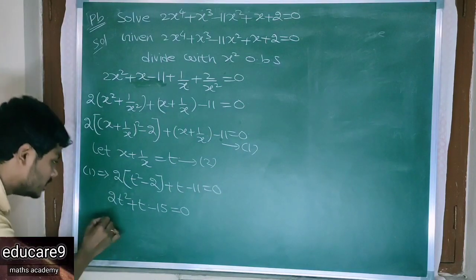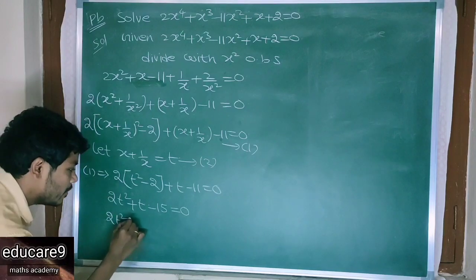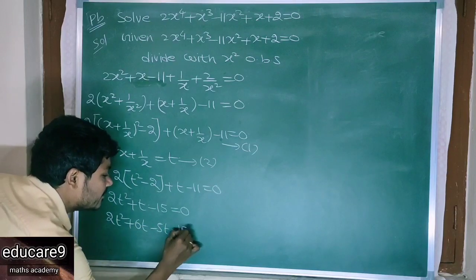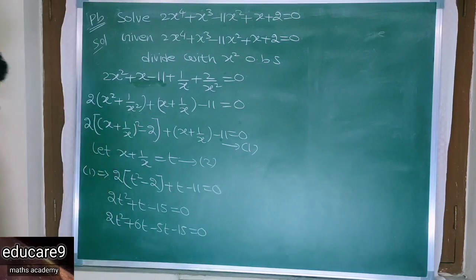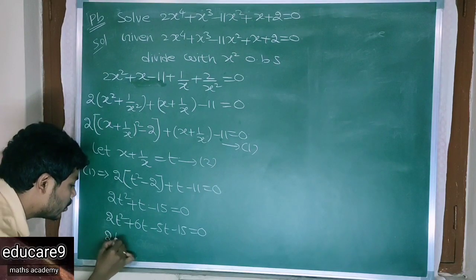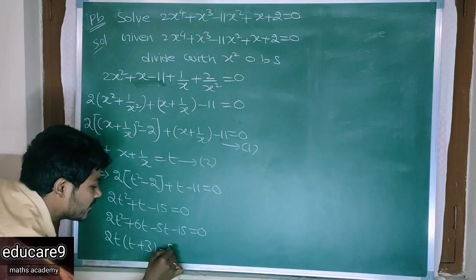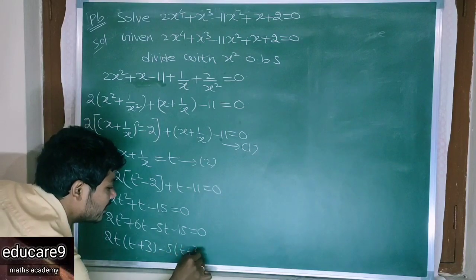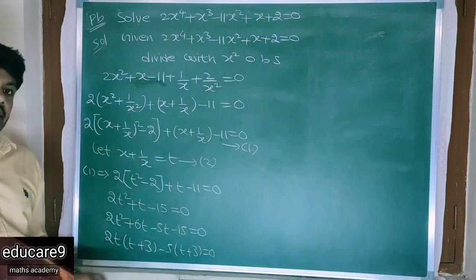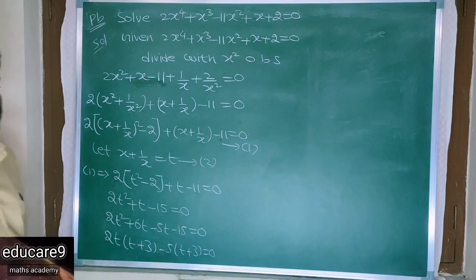So this can be written as 2t square plus 6t minus 5t minus 15 is equals to 0. So 2t common, you get t plus 3, minus 5 common, you get t plus 3 is equal to 0.